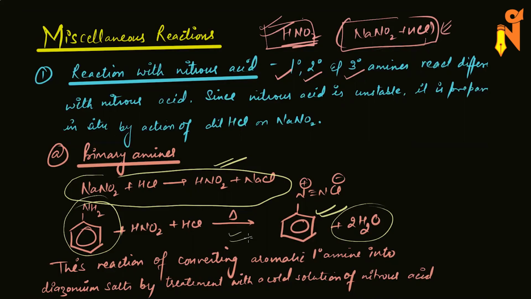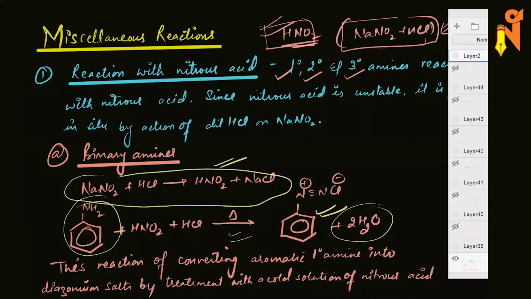This reaction is quite possible at low temperatures. The temperature range we keep here is somewhere around 275 to 298 Kelvin. But as soon as you increase the temperature, the reaction between the diazonium and the water which has been released also starts happening.